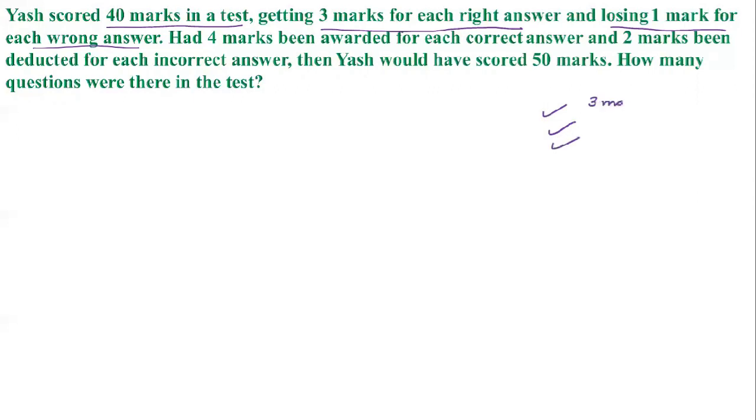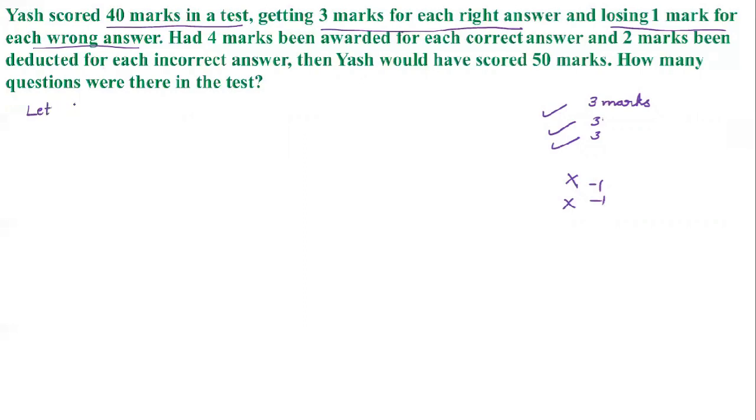For each correct answer he will get 3 marks. If he writes a wrong answer, for each one he will lose 1 mark, that is minus 1. Altogether he scored 40 marks.